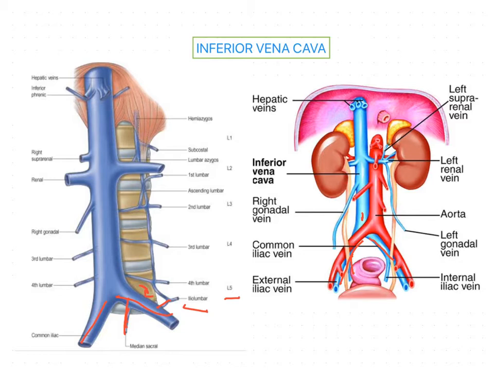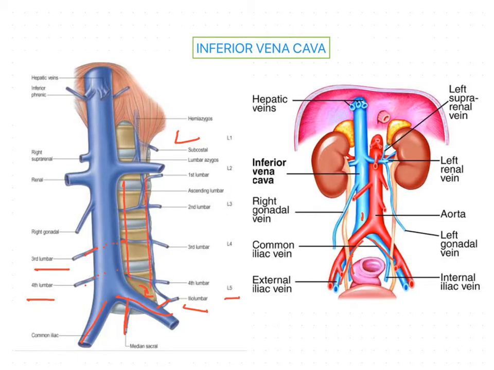Now we'll move on to the lumbar veins, especially the third and fourth lumbar veins, which run along with the corresponding arteries and open into the posterior aspect of the inferior vena cava. The veins of the left side cross behind the aorta to reach the vena cava.